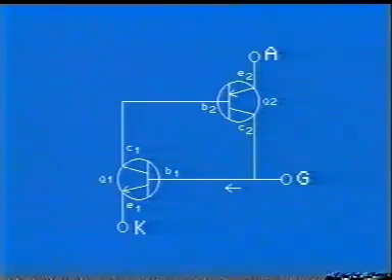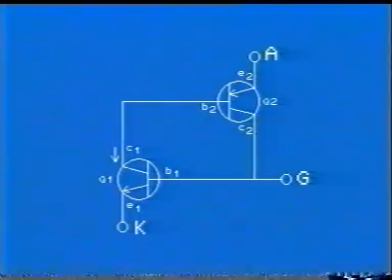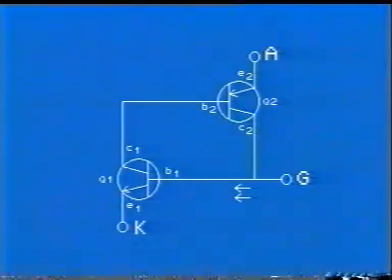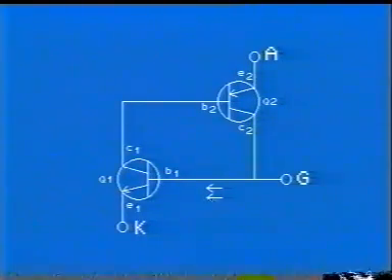If gate current is injected, the base current of Q1 will increase. Increase in base current of Q1 causes increase in collector current of Q1, which is also the base current of Q2. Thus, increase in base current of Q2 leads to increase in its collector current, which causes increase in base current of Q1. Thus, a process of positive feedback is established.